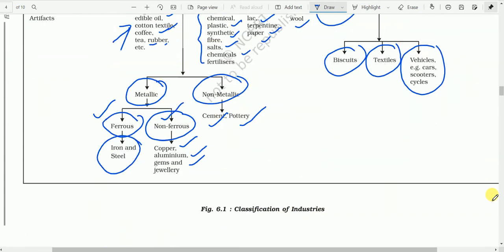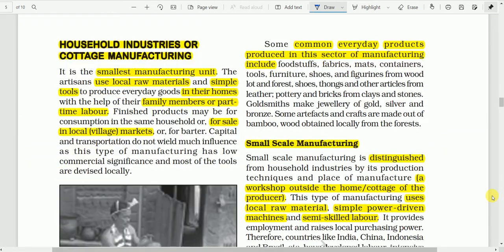Now let us find the characteristics of these industries. Let us find out the characteristics and the meaning of the household industries or cottage industries. The household or cottage manufacturing industry is the smallest manufacturing unit.